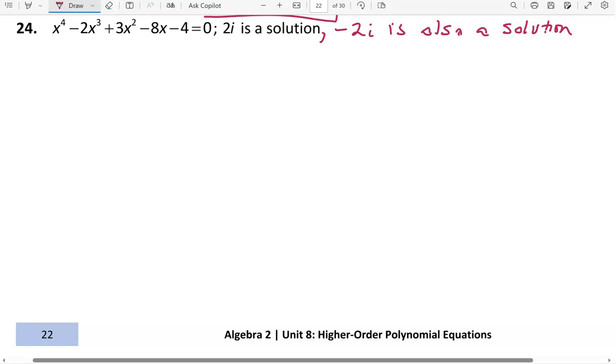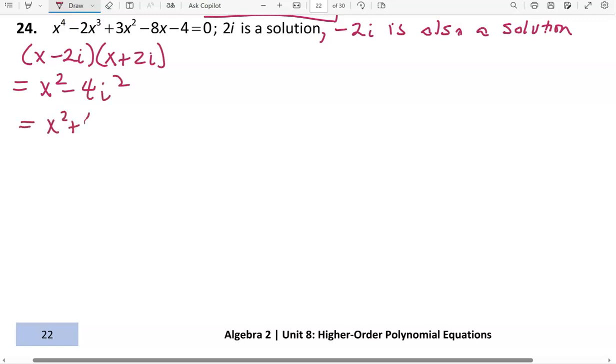Rather than use synthetic division, where imaginary or irrational numbers are concerned, I'm going to suggest that we write the factors. So x minus 2i is one factor, and x plus 2i is another factor. And let's multiply those two factors together. That gives us x squared minus 4i squared, or x squared plus 4.